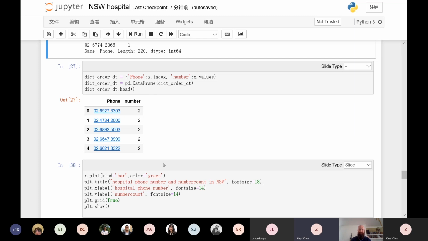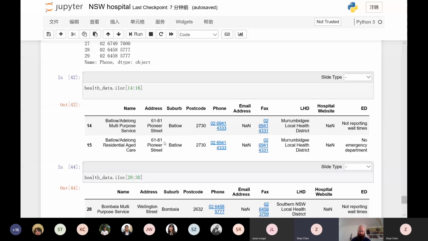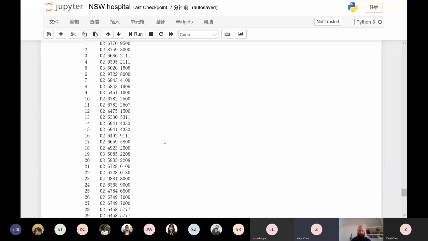But when I looked up the number, I was looking for the name of the hospital, but actually it's a different hospital.